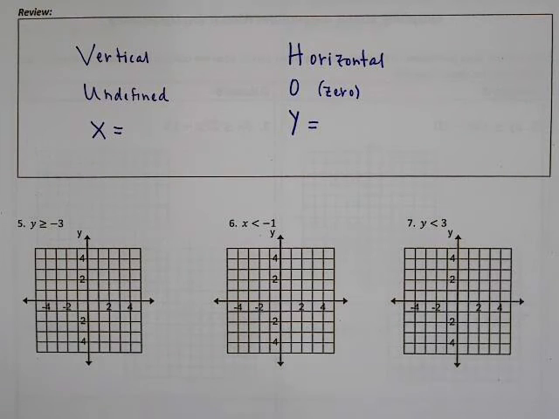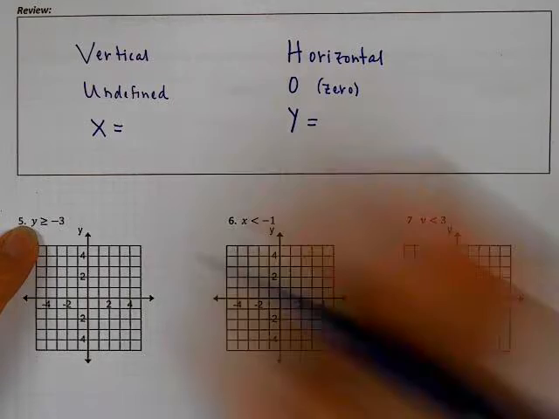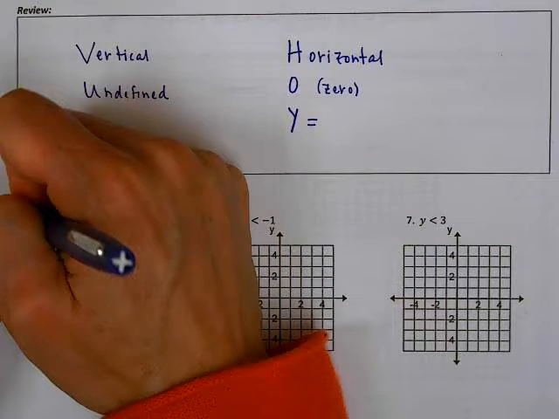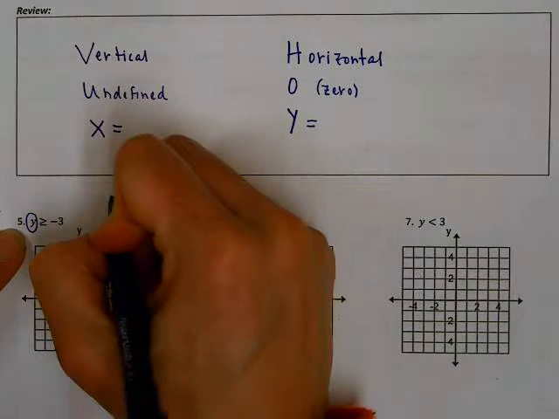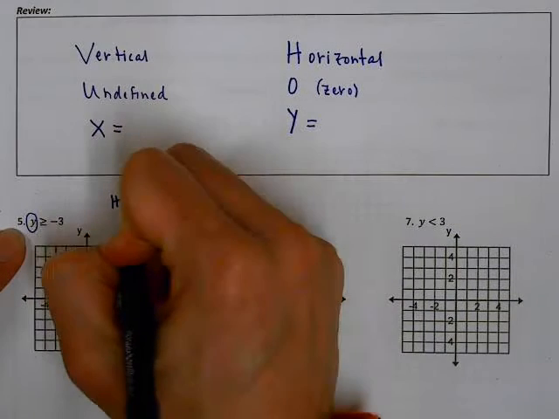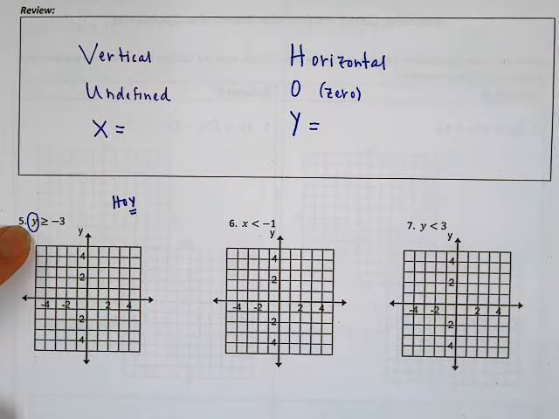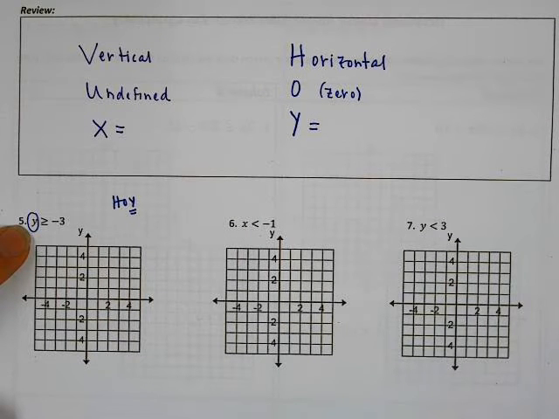these special cases. Now, when I look at number 5, I notice that I just have a y. I don't have an x and a y. So that tells me that this is a Hoy, because I have y here. So now I know that this is going to be a horizontal line. It crosses the y-axis at -3.